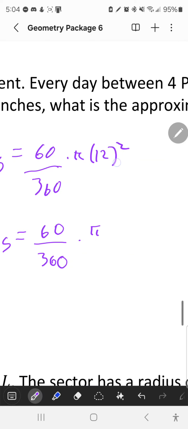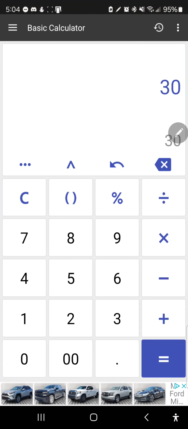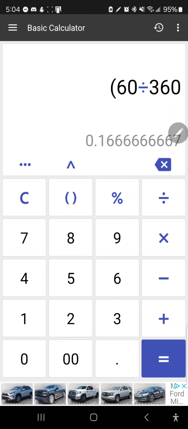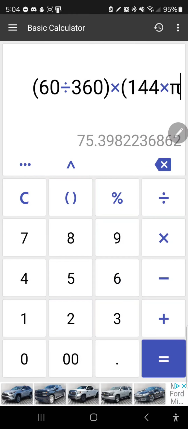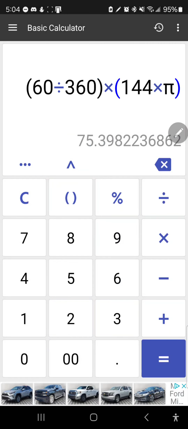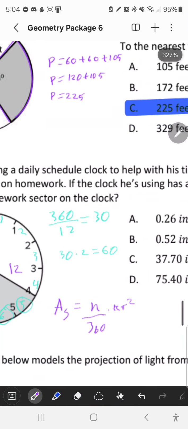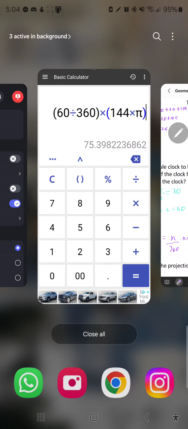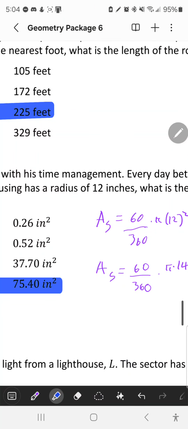We can go to the calculator: 60 over 360 times 144 pi, and that's approximately 75.4. Yes, that's exactly what we got.